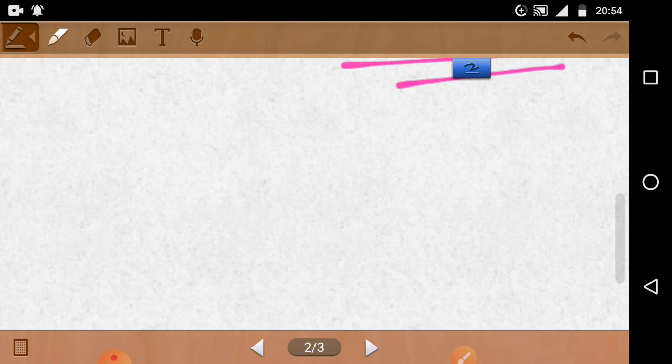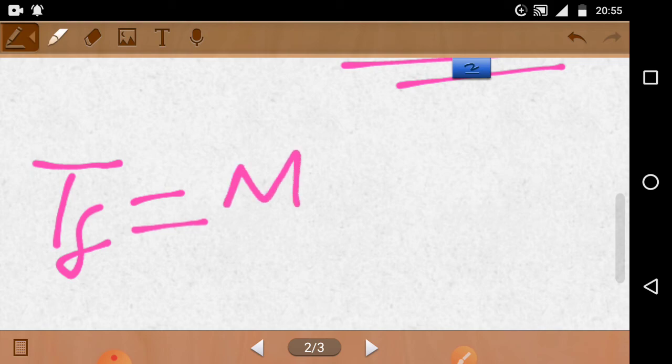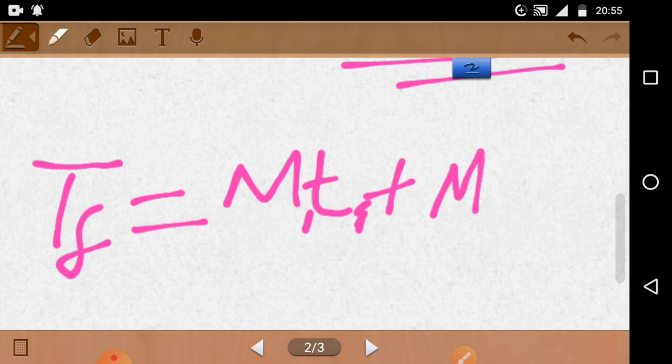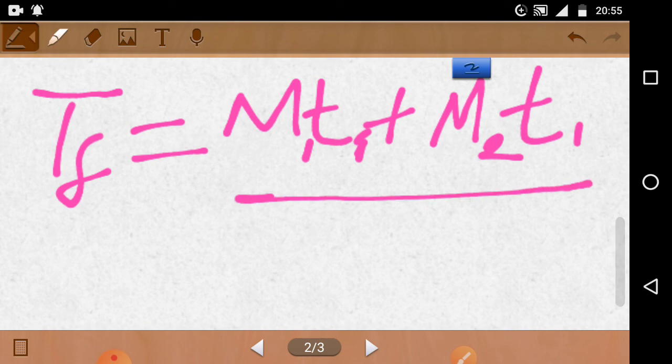So using the formula, you take your final temperature Tf equal to the mass 1 of the water times temperature 1 of the water, plus mass 2 times temperature 2 of that mass 2, over the summation of the masses.